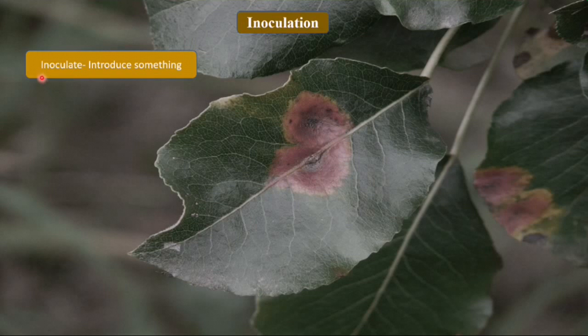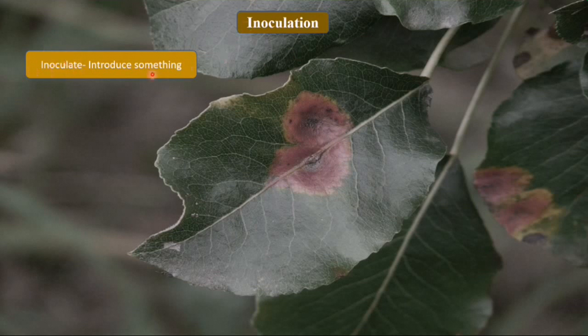Similarly, inoculation is also used when we work in a laboratory and use fungal and bacterial cells. We introduce them into Petri plates, so that is also called inoculation, right?